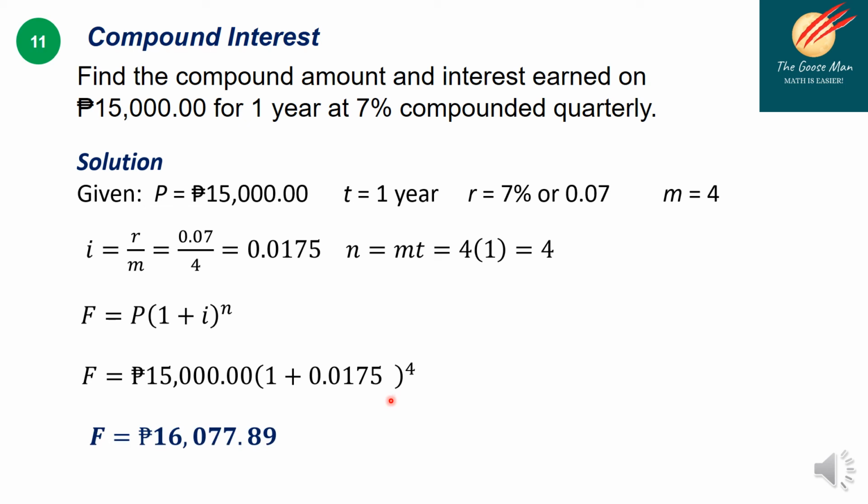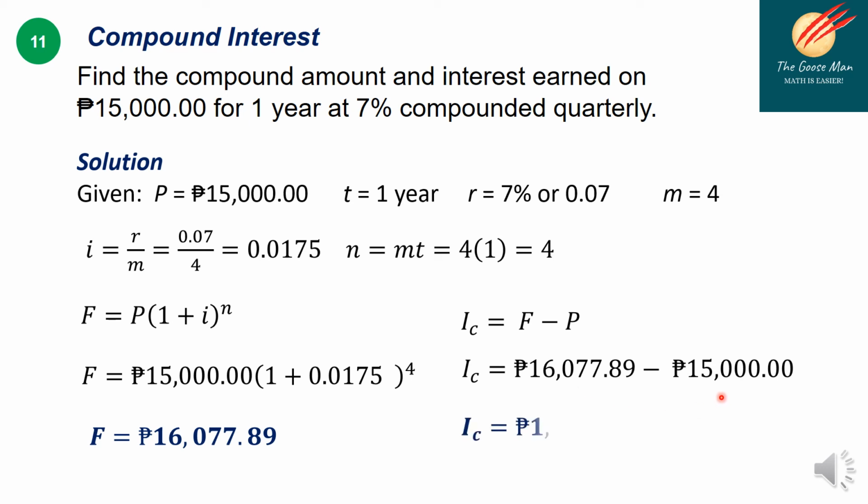Our future value is 16,077.89 pesos. The compound interest is equal to future value minus the present value. So simply subtract 16,077.89 minus 15,000 pesos. So the compound interest is equal to 1,077.89 pesos.